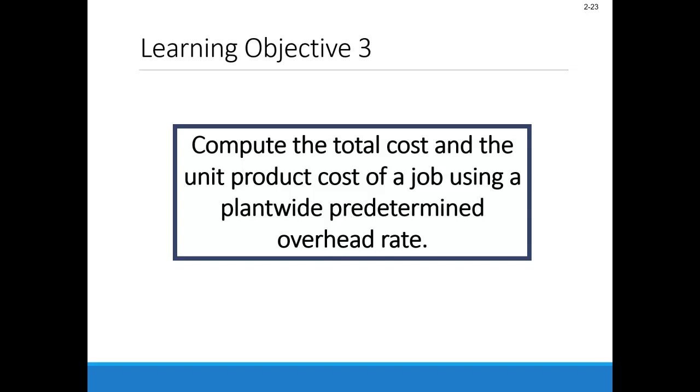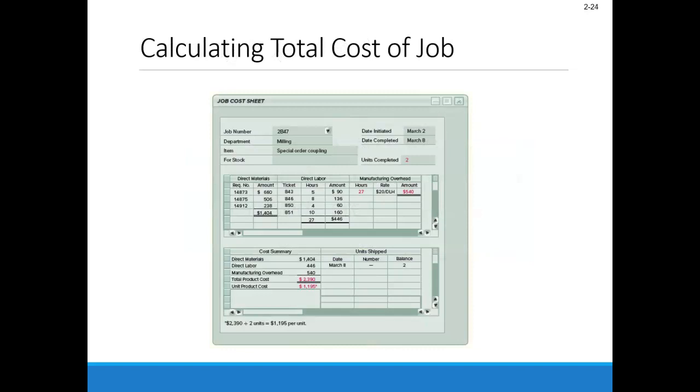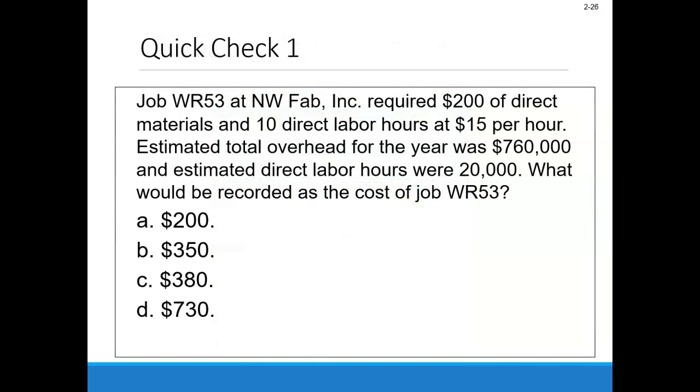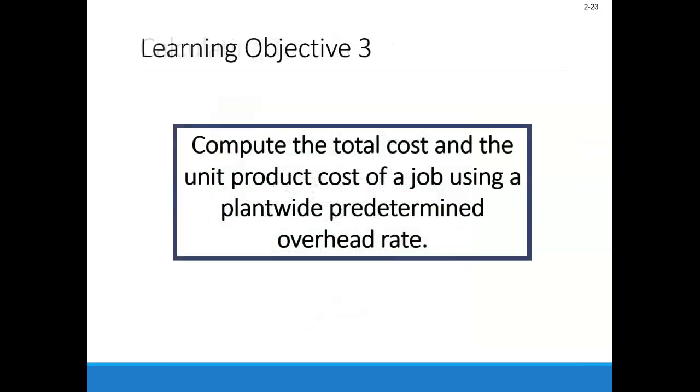Now, compute the total cost and the unit product cost of a job using a plant-wide predetermined overhead rate. Basically, we're going to get better results when we use department-wide rates, but in this case we're using plant-wide.